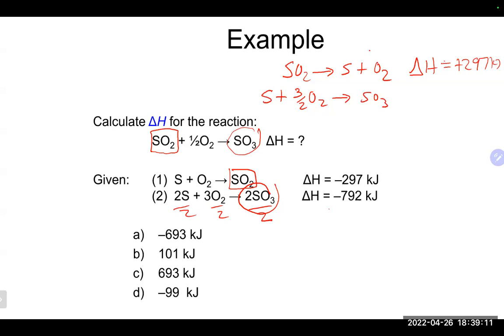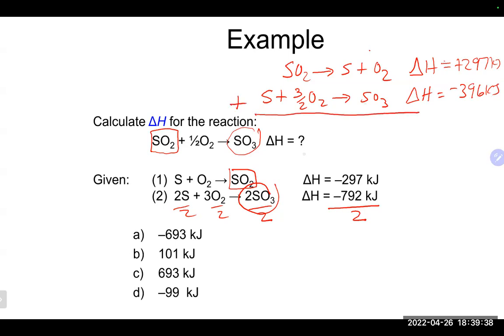Because I divided everybody by 2, I will also divide my delta H by 2 here. That gives me a delta H which will remain the same sign because I didn't flip it, but it will become 792 divided by 2, minus 396 kilojoules.